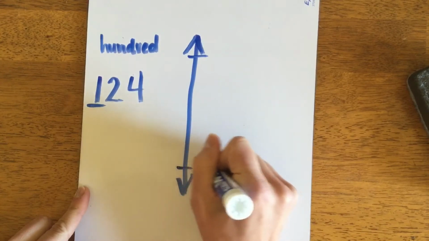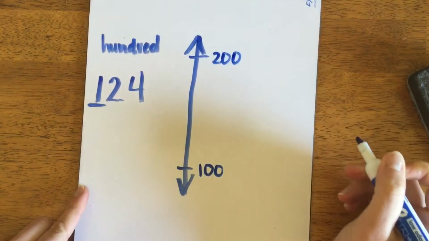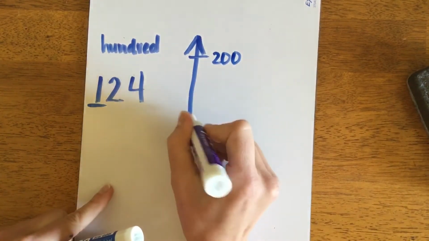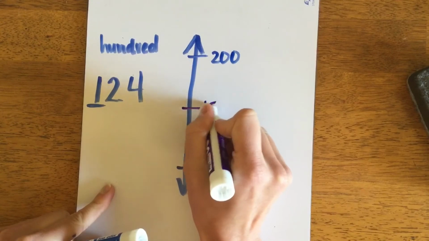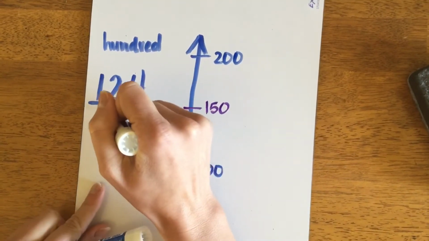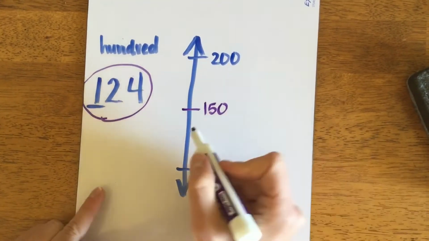Those 2 numbers are 100 and 200. On this number line, I'll identify my midway point as being 150. And this 150 makes it easy for me to locate where 124 would be.